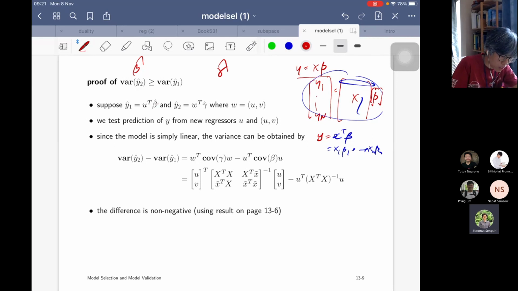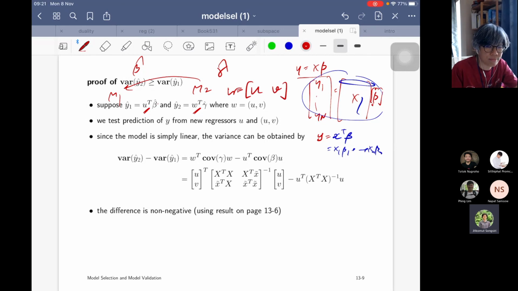That row is given by U for model M1. For model M2, that row is given by W. But because M2 includes the model M1, W must contain U as well, containing the predictors of model M1.